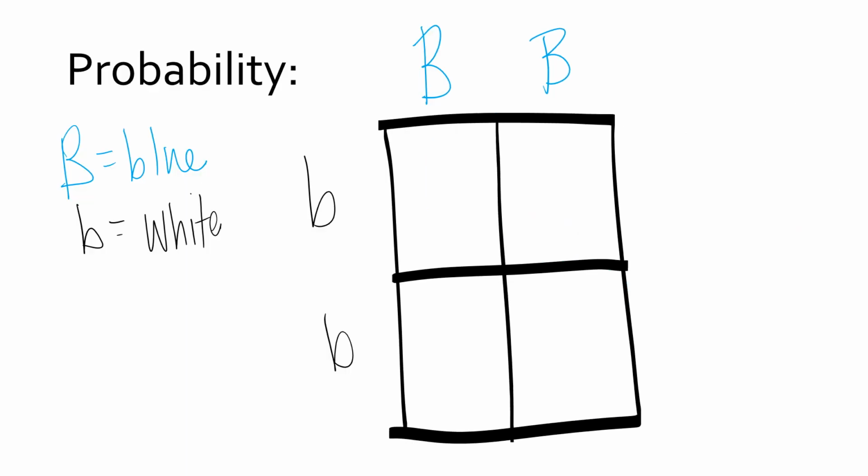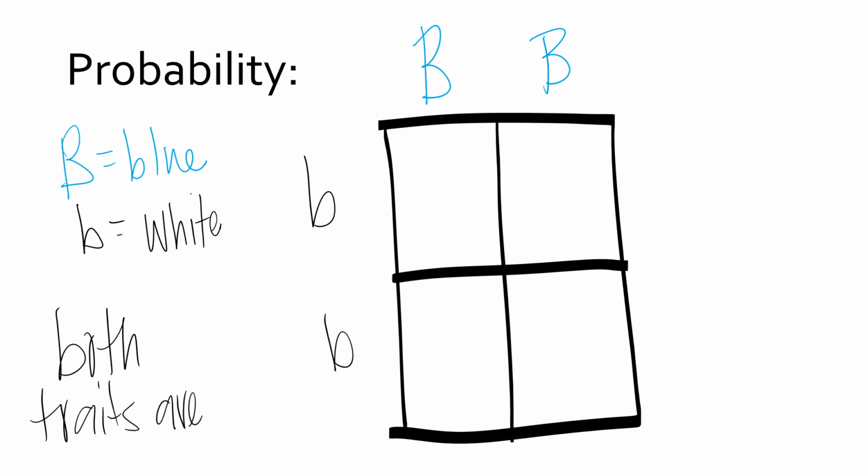All right, let's use our example from the previous slide. One bird was homozygous dominant for blue, the other bird was homozygous recessive for white. Let's figure out their chances of having a blue and white bird. We know that these genotypes can show codominance, or when both traits are shown at once. They are not a blend, rather they are kind of like spotted, we can see both of them at the same time.